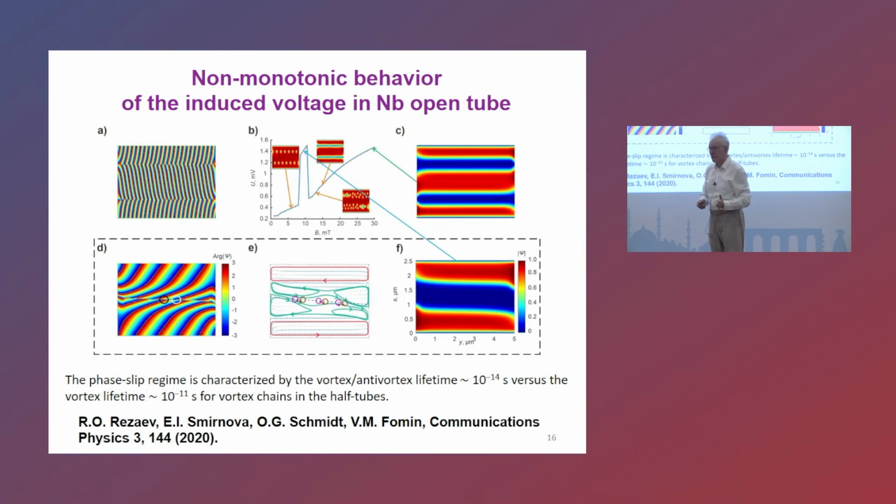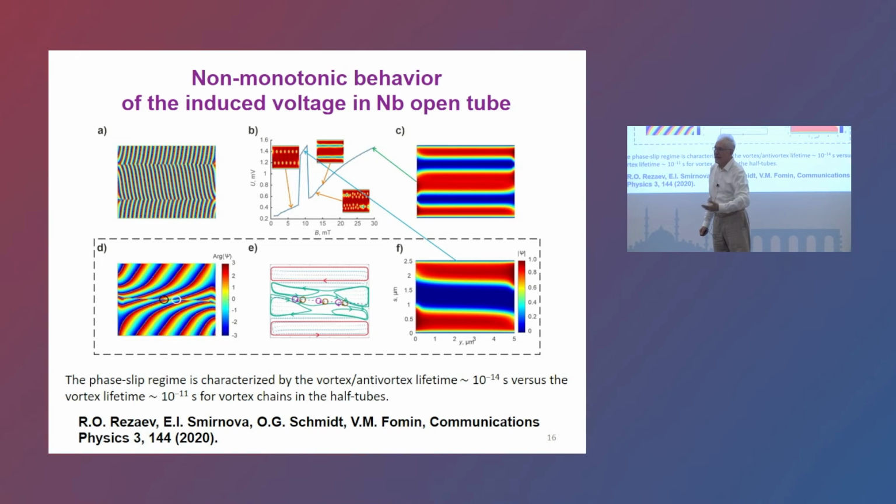If a vortex from a pair meets an anti-vortex from another pair, they annihilate. If an anti-vortex from the first pair meets a vortex from the third pair, they annihilate. But they move with such strong speed that even their lifetime is 3 orders of magnitude smaller than for vortices in chains.